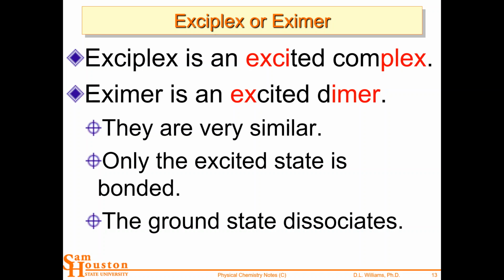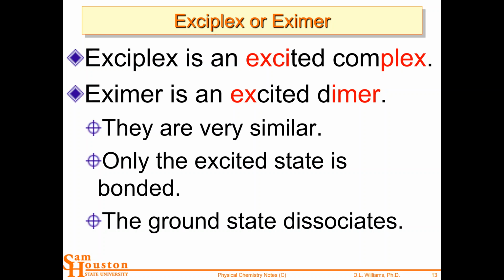If you have an excited molecule where the electron is up in, say, an excited state but a bonding orbital, then it can be a molecule in the excited state, but when that electron drops down into an antibonding orbital, the ground state is not bound, or it's very weakly bound. And so then there's no ground state, there's only an excited state. So that's how we get those chemical lasers, or Exciplex lasers, or Excimer lasers. And these are very powerful lasers, especially in the UV.